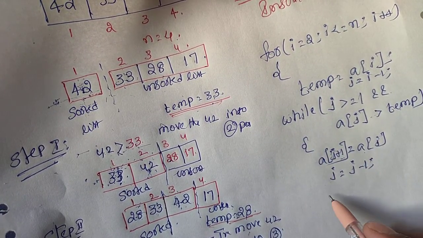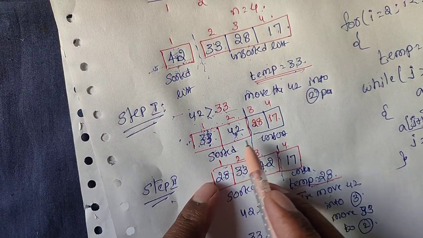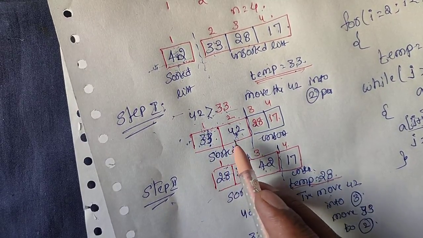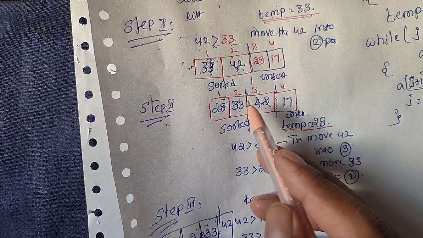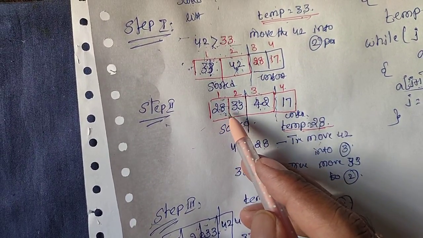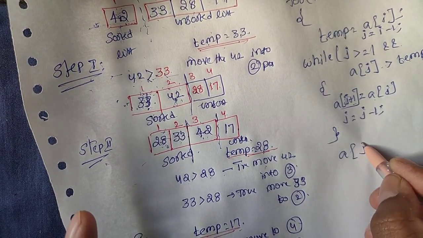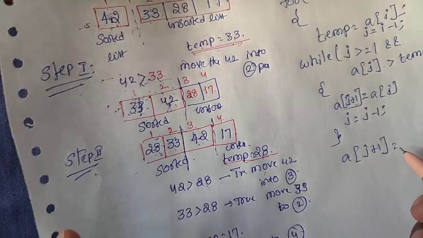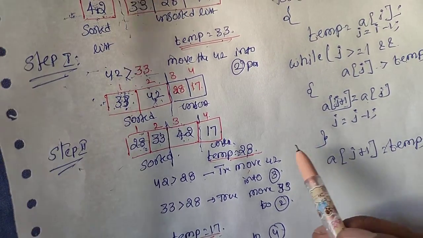So this process will be repeated until all values are compared. After comparison of all values, finally our temporary value will be stored in the first position. That means we write a of j plus 1 is equals to temp.